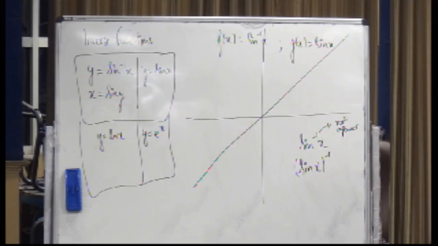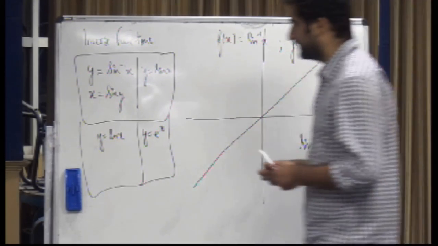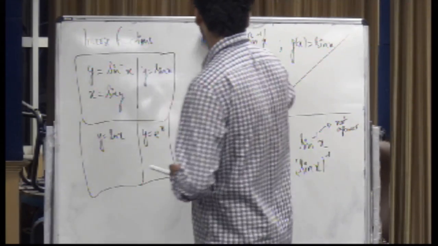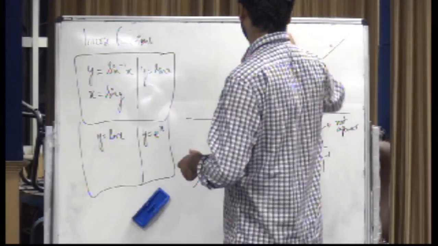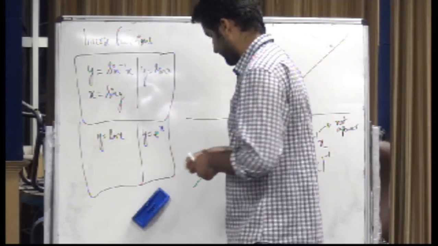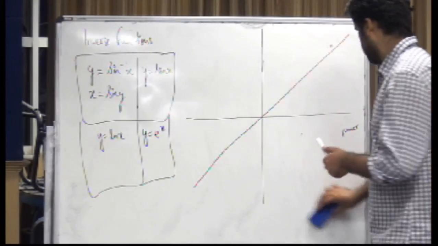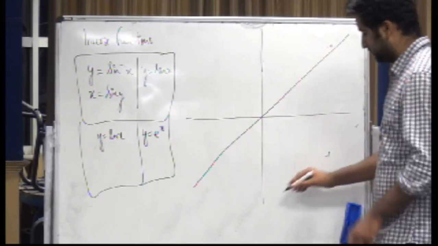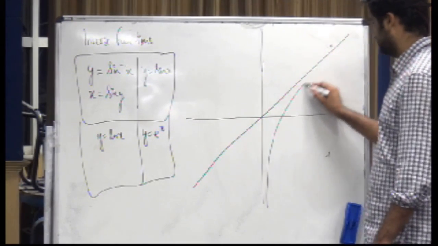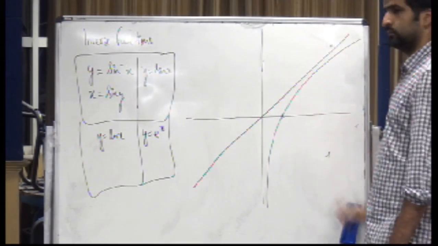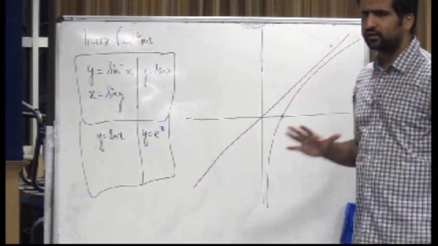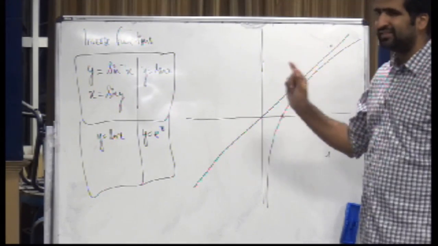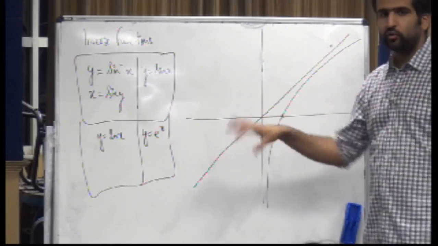So we're making the graphs of ln x and e to the power x. Just make the line, and then make the graph like this, right? For the other graph, you have to just remember one thing, that the graph is symmetric about the origin.